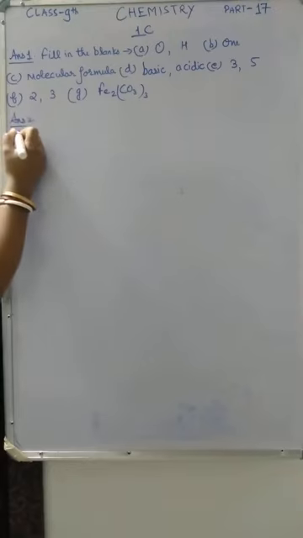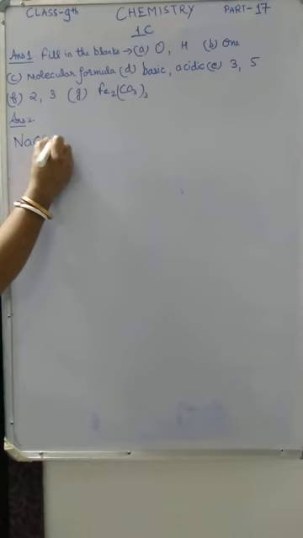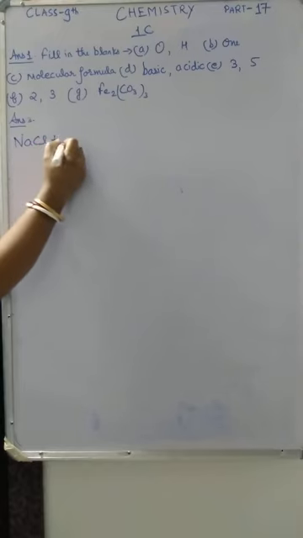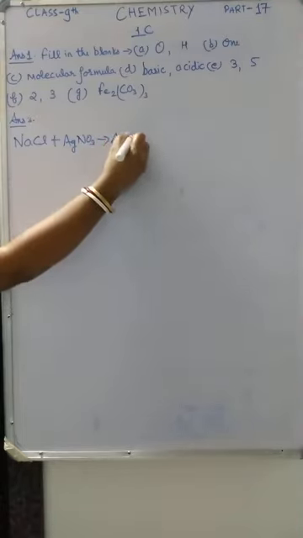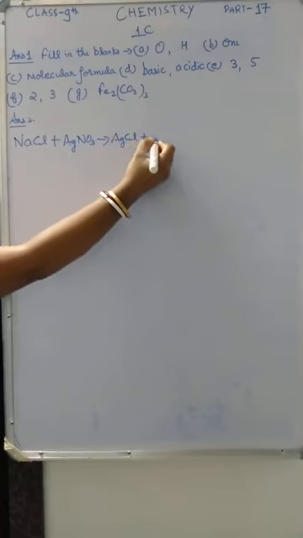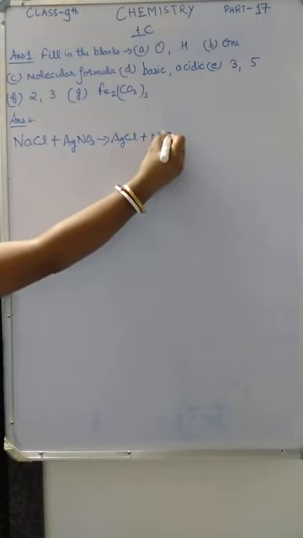So your equation will be NaCl, sodium chloride, plus silver nitrate, you know the formula, AgNO3. Then the products are silver chloride, AgCl, plus sodium nitrate, NaNO3. This is your first answer.